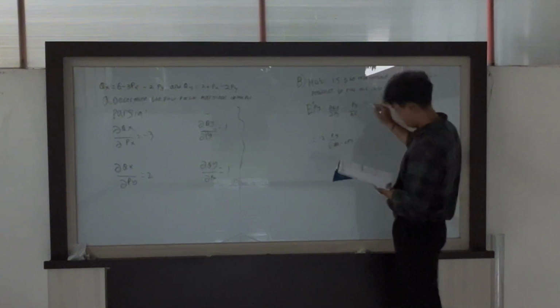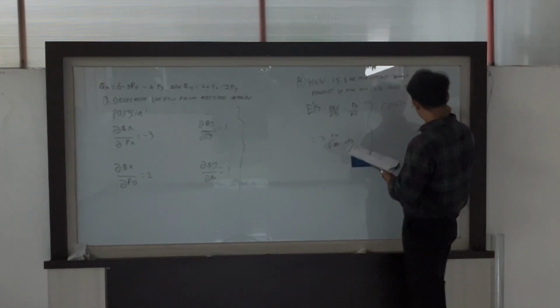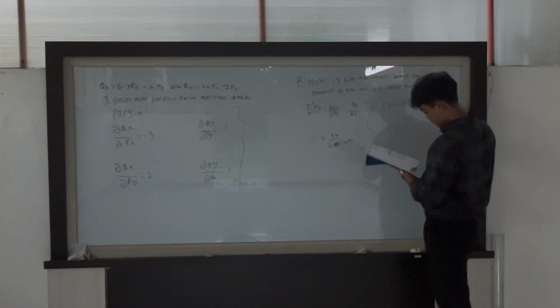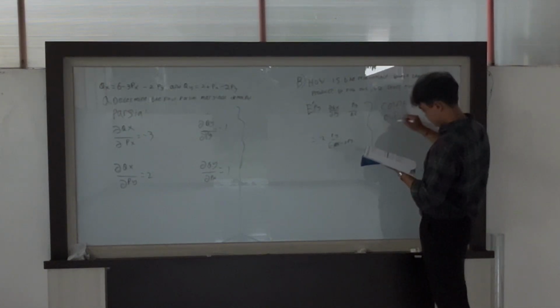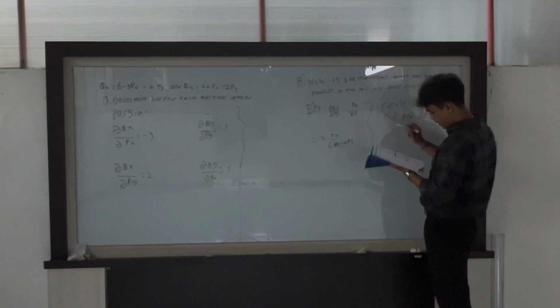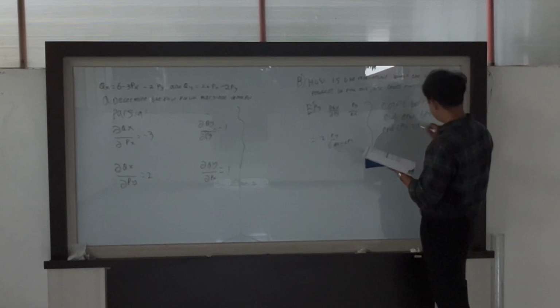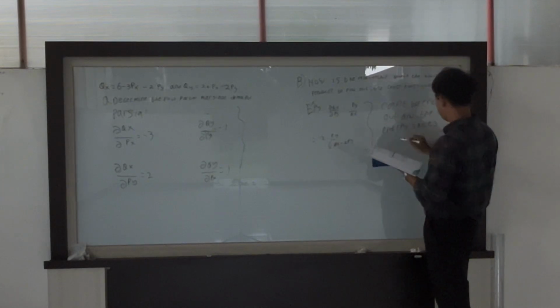So this can be crossed out, and the PX and PA values are unknown.